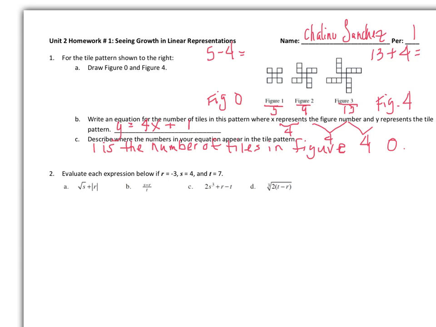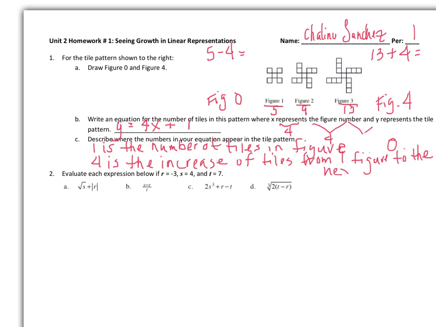I'm going to go ahead and erase that for us since it's cramping our style at the moment. 4 is the increase of tiles from one figure to the next.